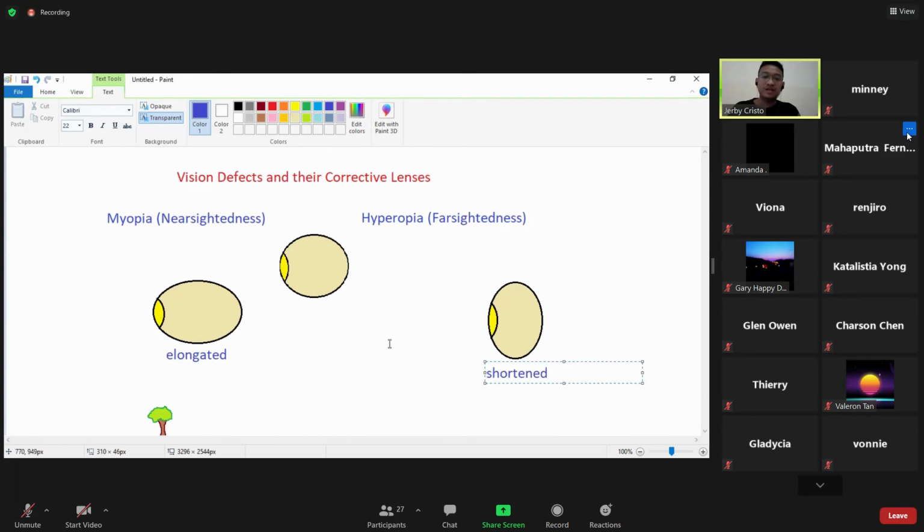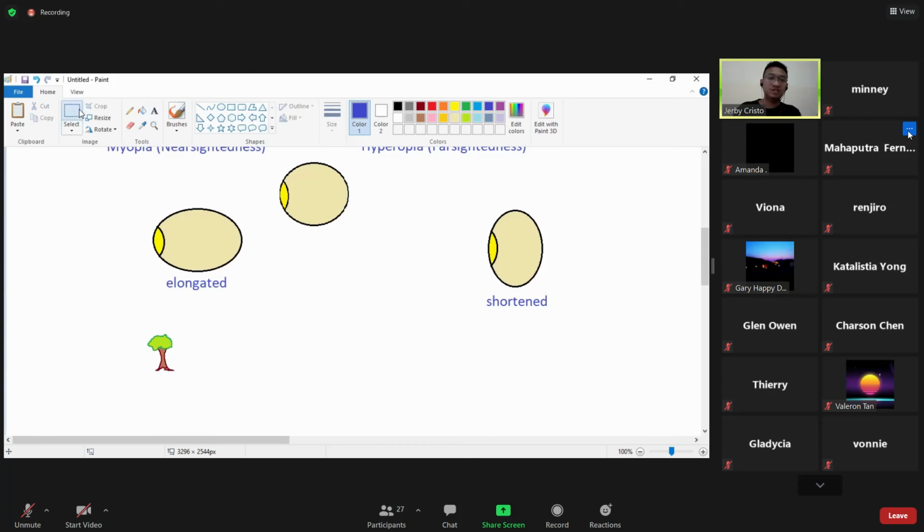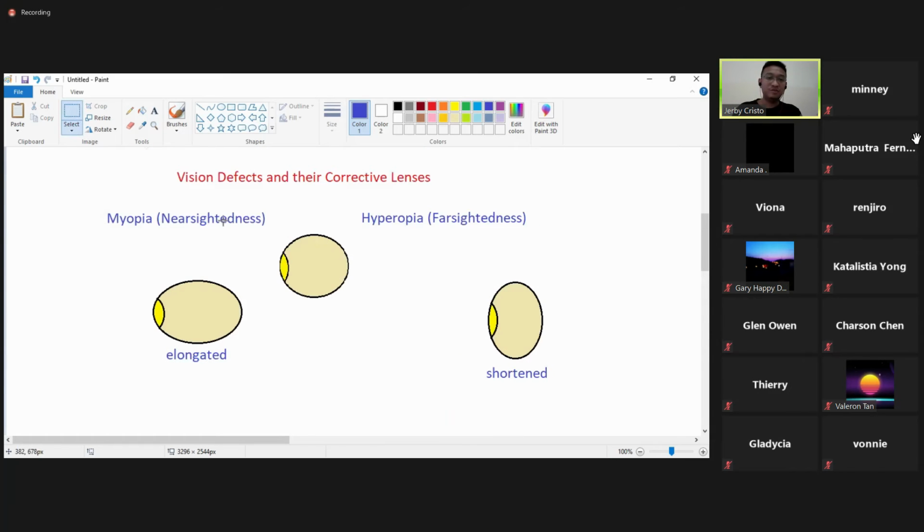All right, now let's say this is the image, the object. Now let's say for a myopic person who is nearsighted, we want to put the object at a distance. So if we make it far from the eyeball, what will happen to the image when the object is far from a myopic person?